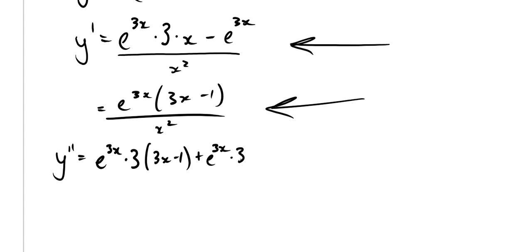Look carefully, though, because that was the derivative of the top, and that's times the bottom for quotient rule. So I have to put brackets around that whole thing and times x squared.